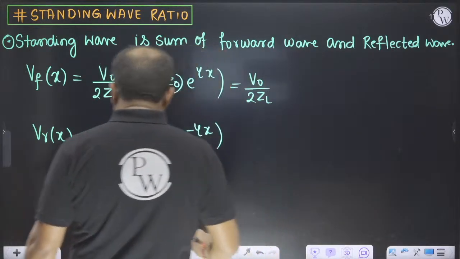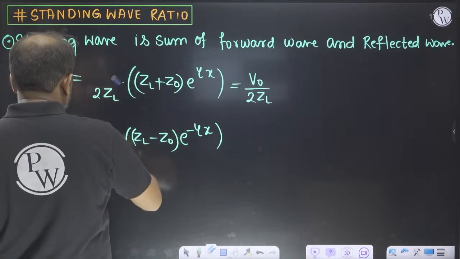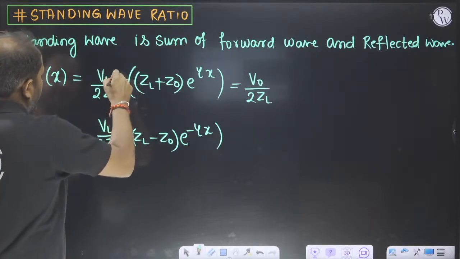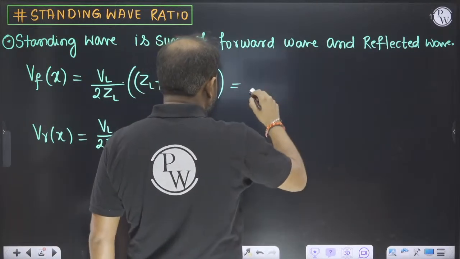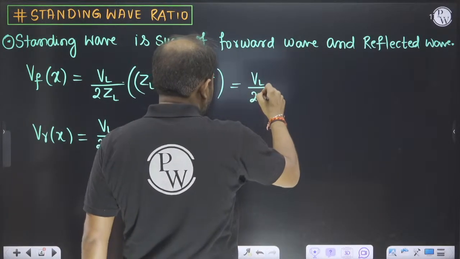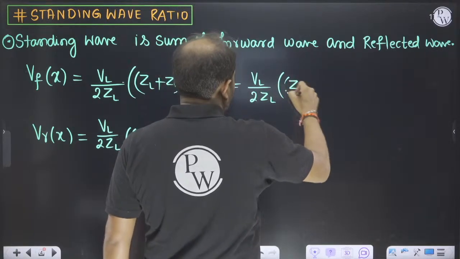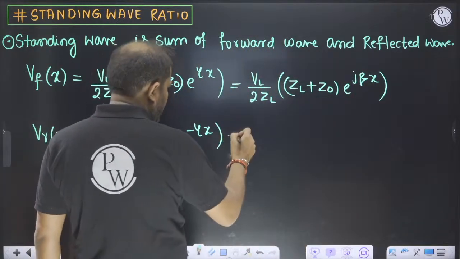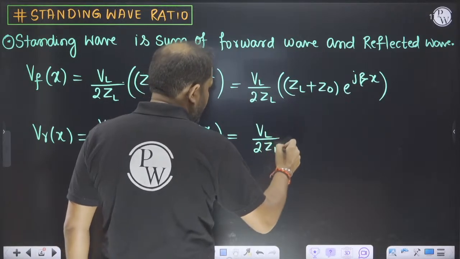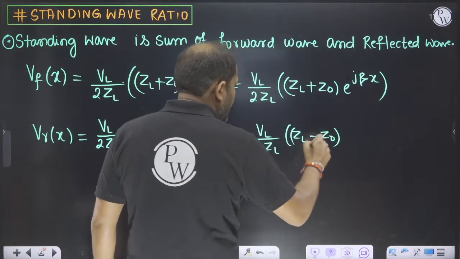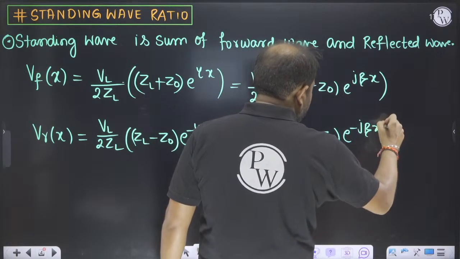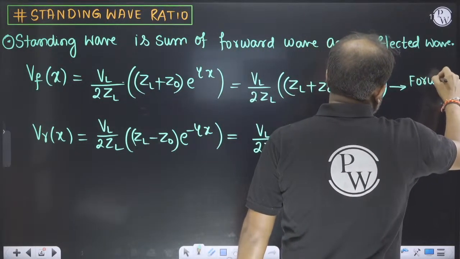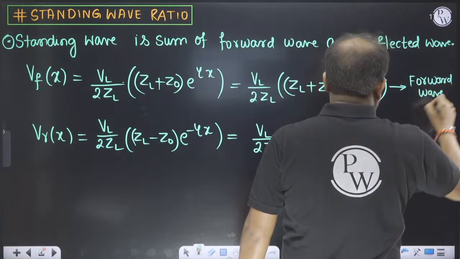So it will be VL by 2 ZL, (ZL plus Z naught) e to the power J beta X. In case of a lossless transmission line, the reflected wave will be written as (ZL minus Z naught) e to the power minus J beta X. This is known as the forward wave, and the second one is the reflected wave.